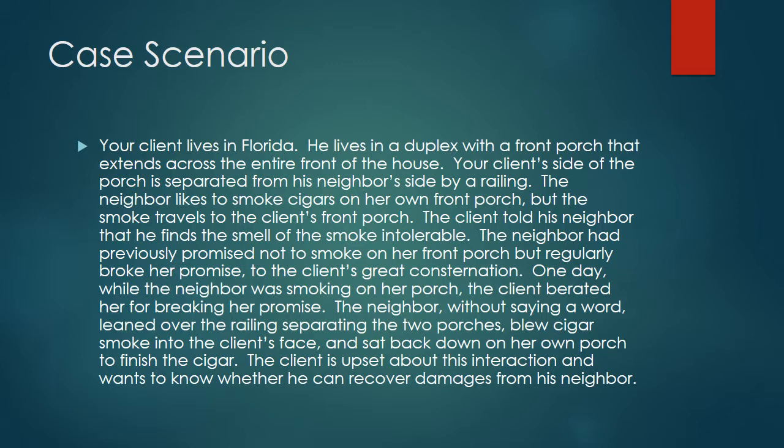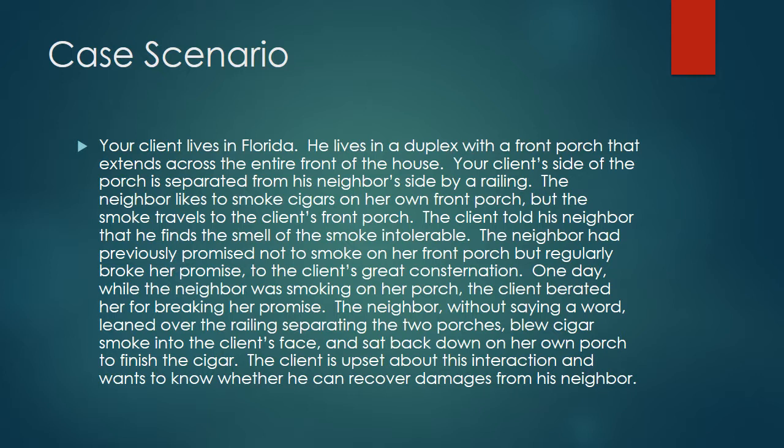The neighbor likes to smoke cigars on her own front porch, but the smoke travels to the client's front porch. The client told his neighbor that he finds the smell of the smoke intolerable. The neighbor had previously promised not to smoke on her front porch, but regularly broke her promise, and this is to the client's great consternation.